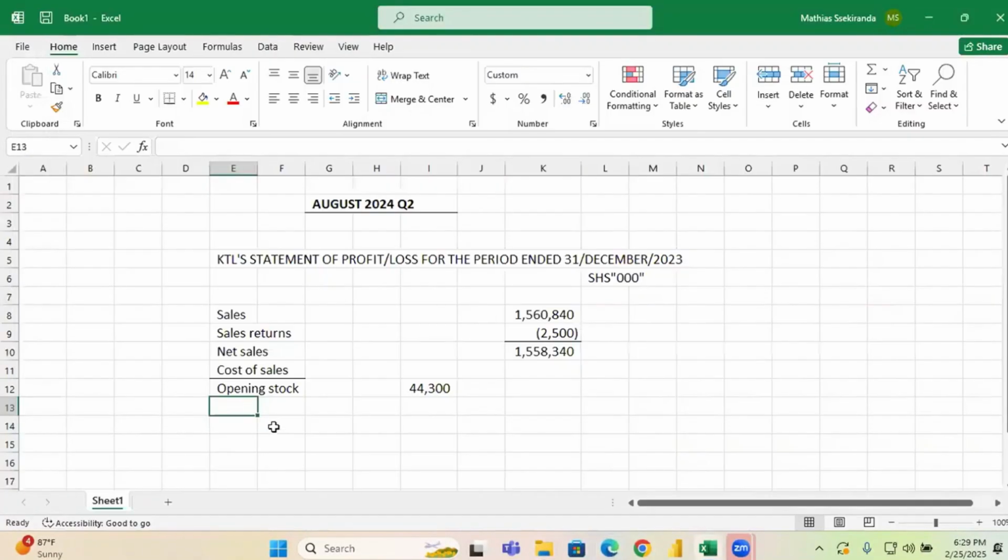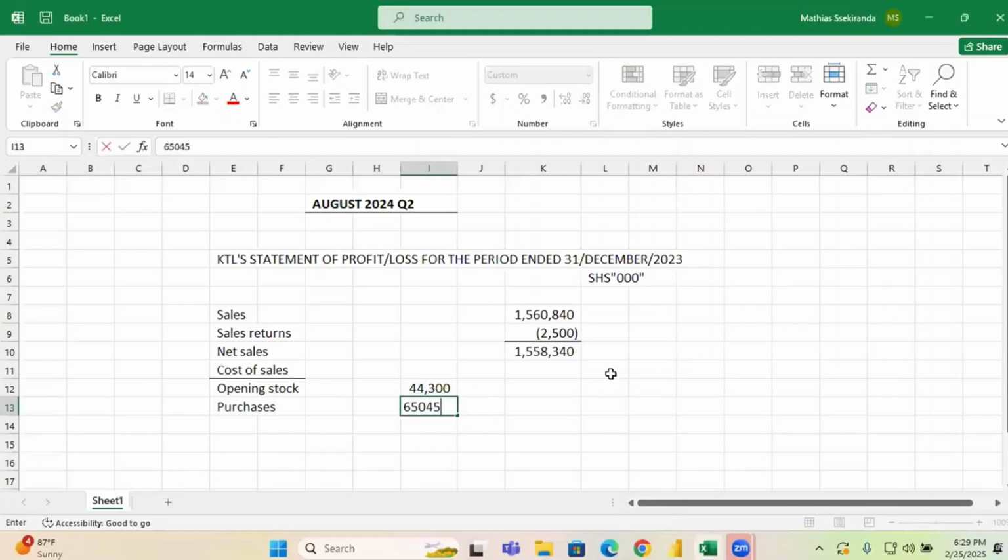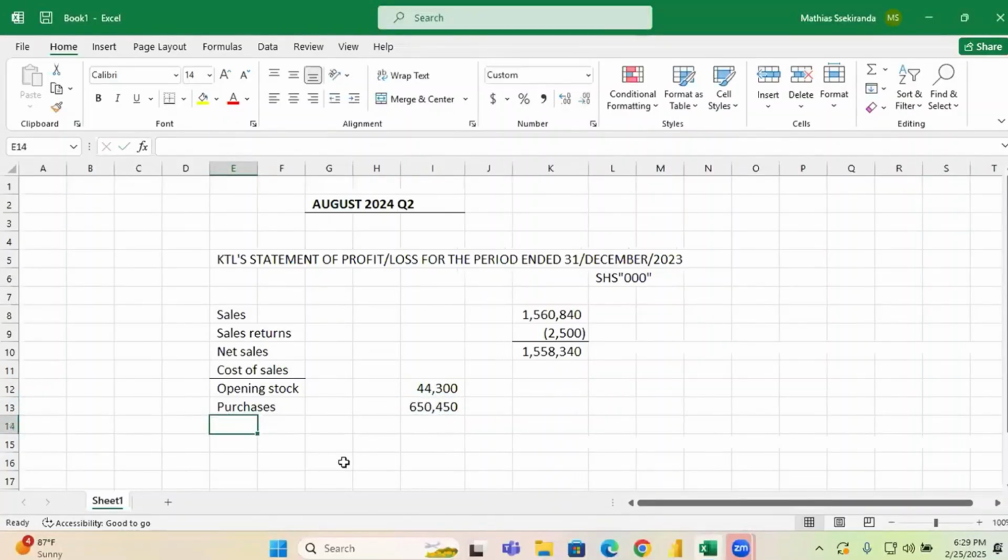Then we add purchases. These were given on the same line with sales, but purchases are always debits. So 650,450, those are our purchases. If you have purchase returns, we list them.